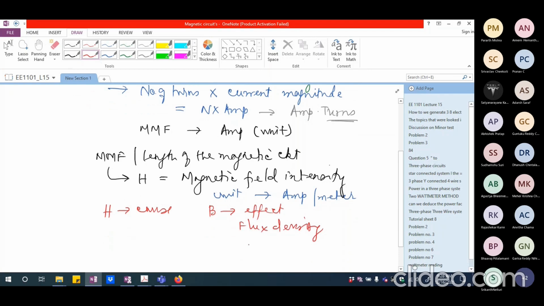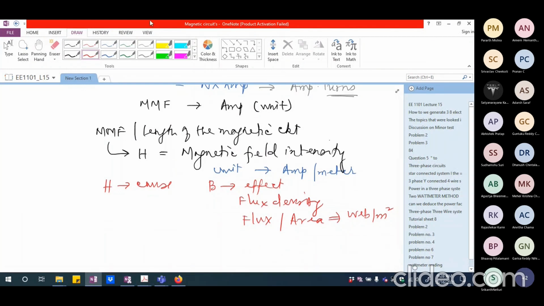So the flux being produced in a material per unit area is specified as Weber per meter square. That is going to be the unit, and this is also sometimes specified as Tesla. So always we call the magnetic field intensity or MMF the cause, and the effect will be the flux density, or the flux that is actually produced in a material.